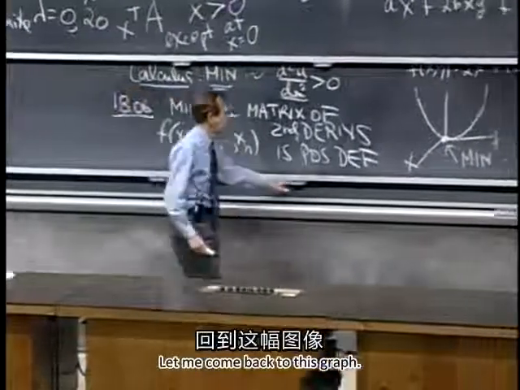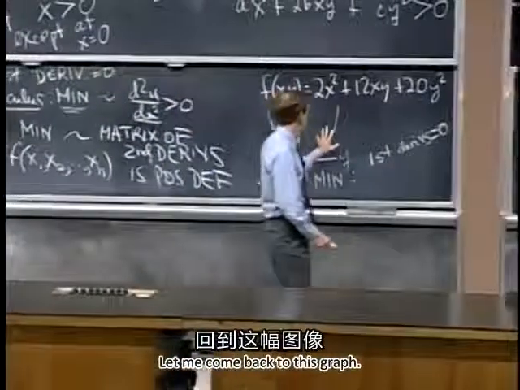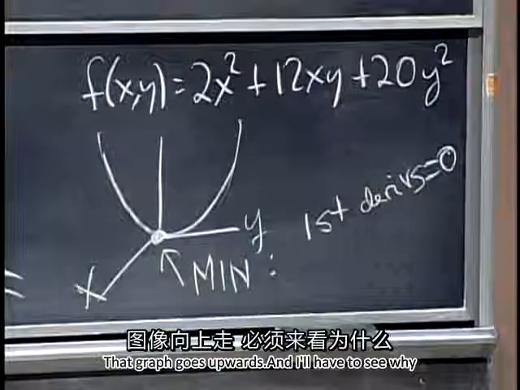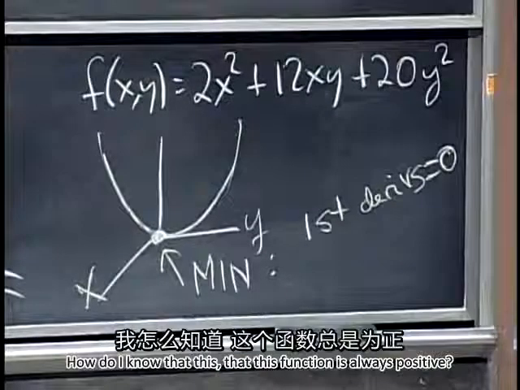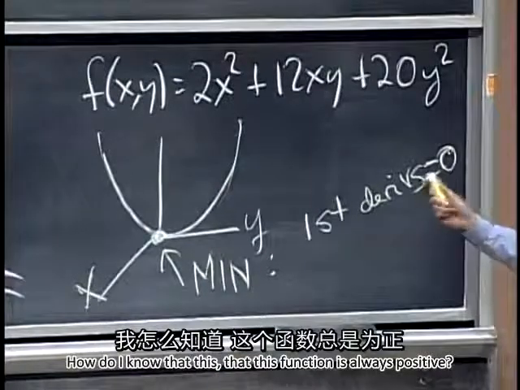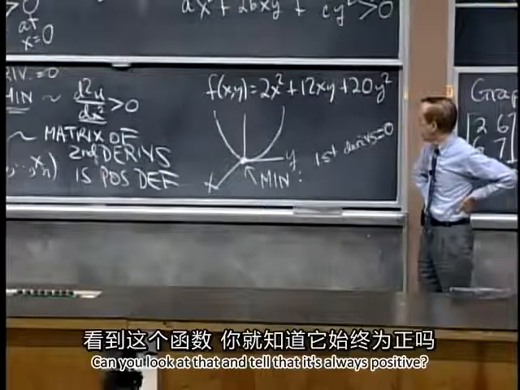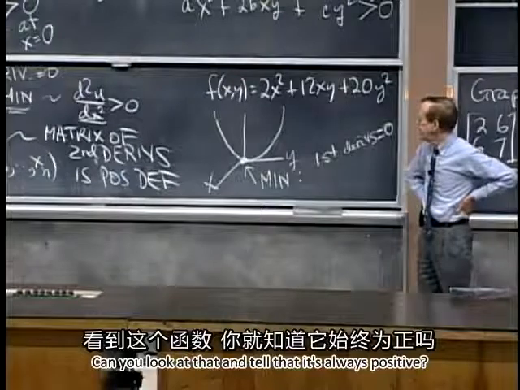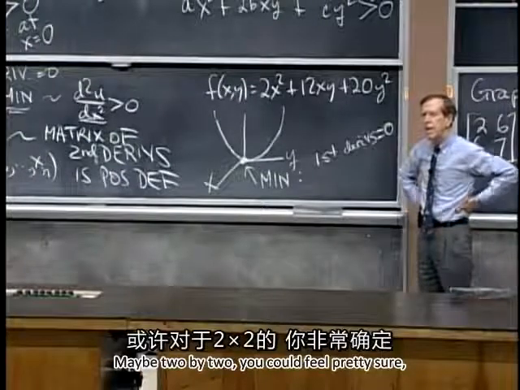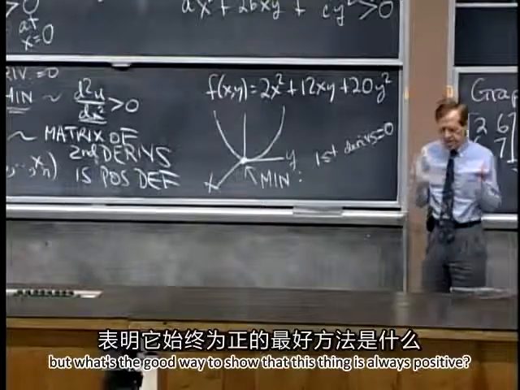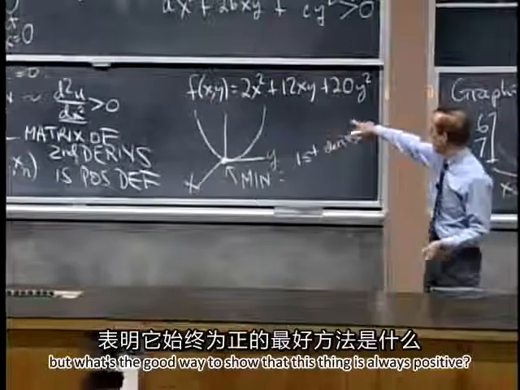Okay, let me come back to this graph. That graph goes upwards, and I have to see why. How do I know that this function is always positive? Can you look at that and tell that it's always positive? Maybe for 2 by 2 you could feel pretty sure. But what's the good way to show that this thing is always positive?